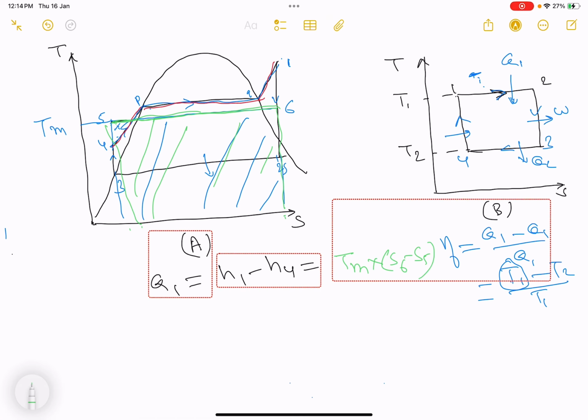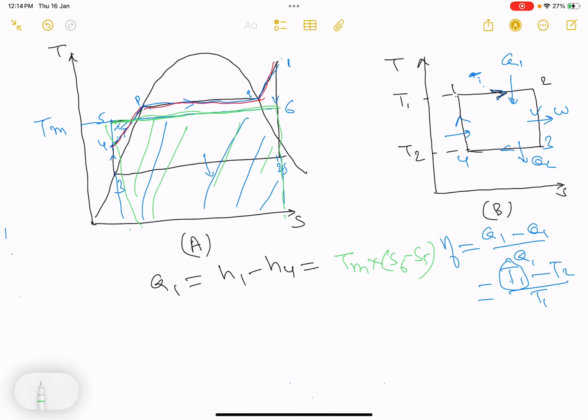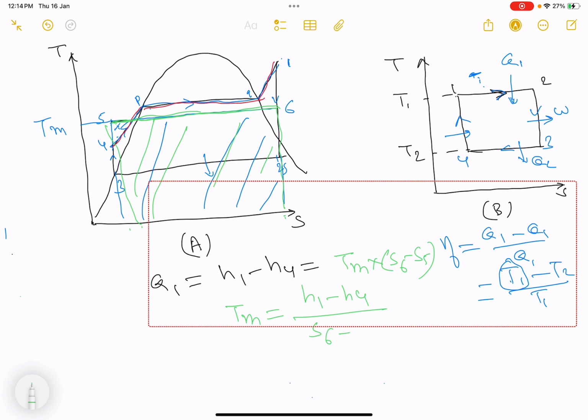This is the equation you get, and from this you can find the mean temperature of heat addition. Tm is then H1 minus H4 upon S6 minus S5.